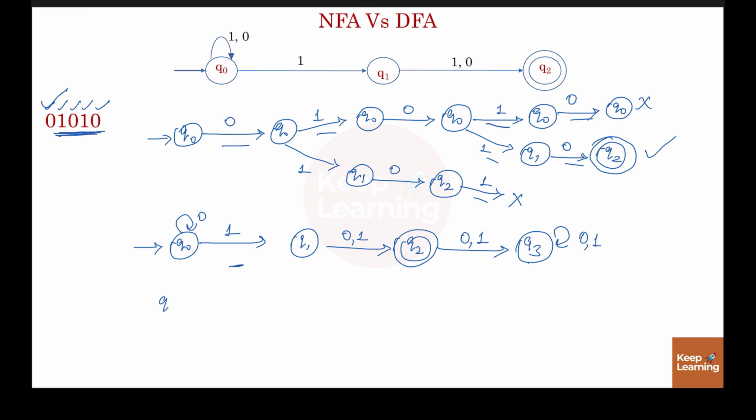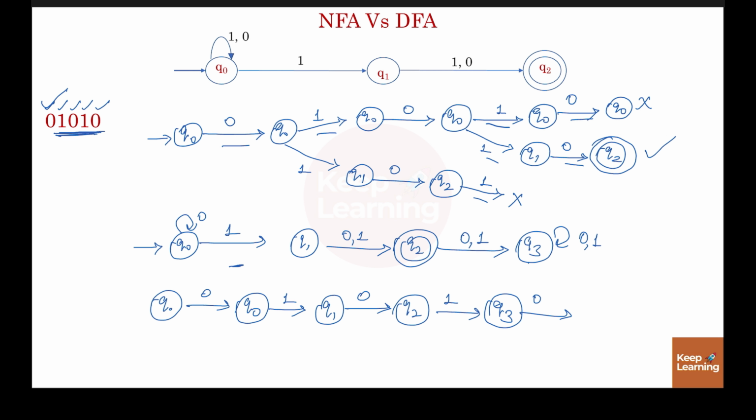So see, from Q0 by taking 0 you will be on Q0 itself, then by taking 1 you will be at Q1, by taking 0 you can reach Q2, then by taking 1 from Q2 you will reach Q3, and then by taking 0 you will reach Q3 itself, and Q3 is not our final state. So it is very easy to say in a DFA that this string is not accepted.